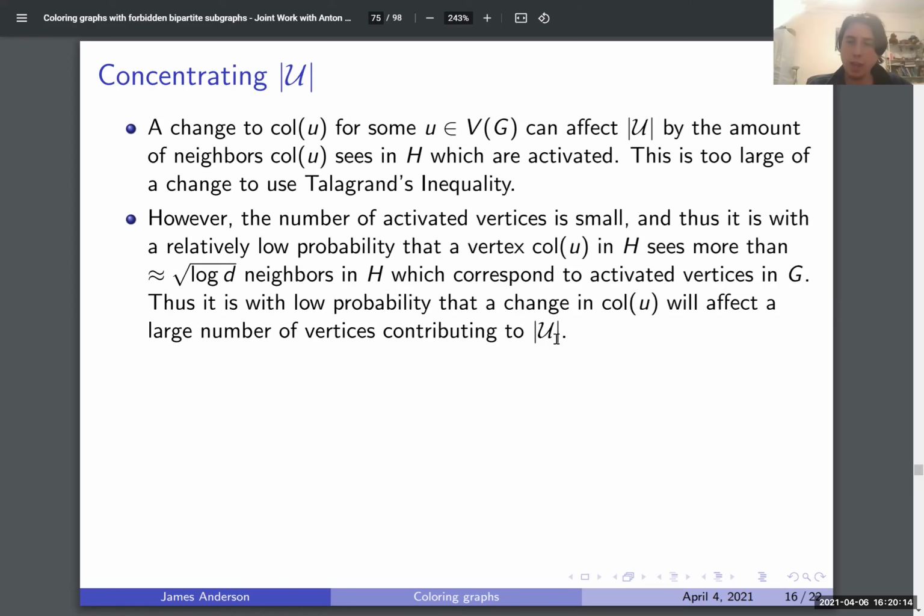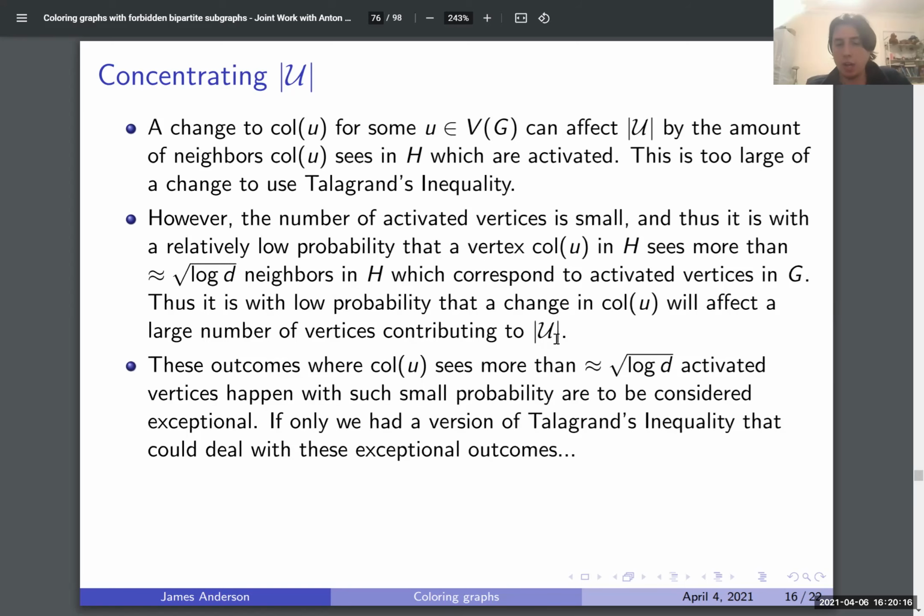And since there are few of them, the outcomes where the color of U sees more than approximately the square root of log D activated vertices will happen with very small probability. So small, in fact, that we're going to say that this is an exceptional case. And if we had a version of Talagrand's inequality that could deal with these exceptional outcomes, we would be in good shape. And in fact, we do.